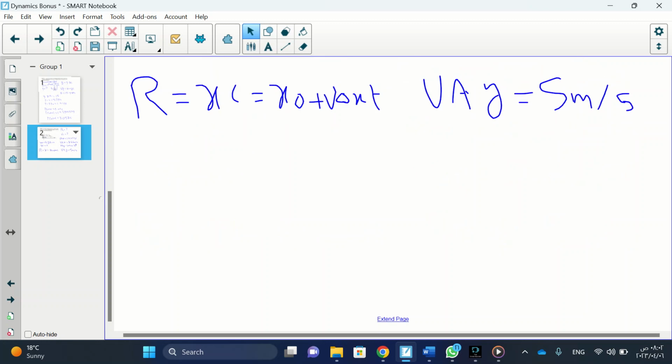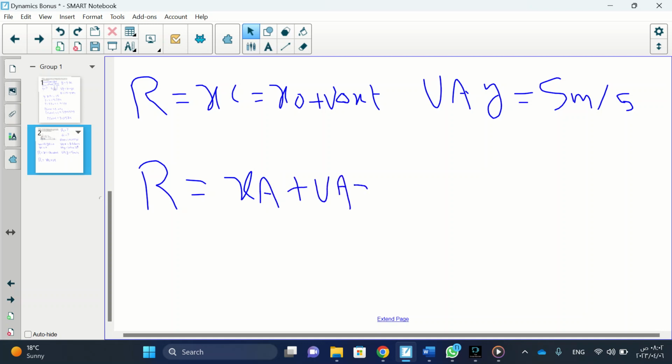So the range R will equal XA plus VAX times T. So R will equal 0 plus VAX.